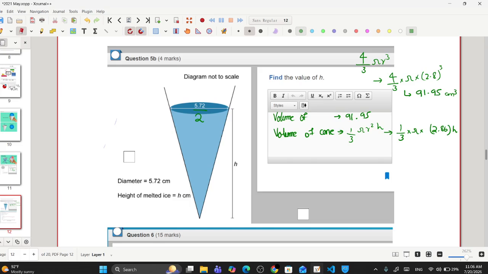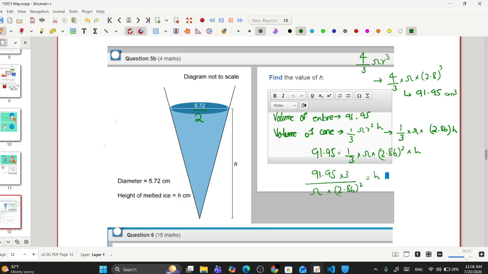So the entire volume is 91.95. So 91.95 should be equivalent to 1 over 3 multiplied by pi multiplied by 2.86 whole squared multiplied by h. And now we have to make h the subject of the equation. So we get 91.95 multiplied by 3 divided by pi multiplied by 2.86 whole squared, and this entirety is going to be equivalent to h.